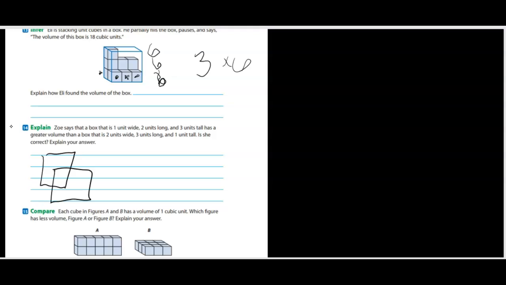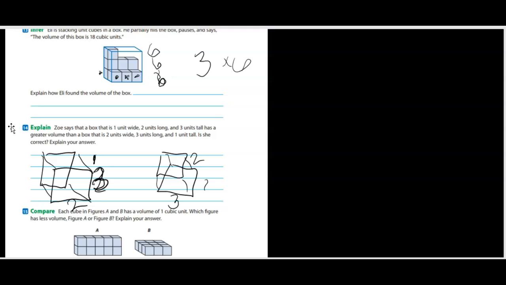So the first one she said is 1 unit wide, 2 units long, and 3 units tall. Or the other box that she had, she said it was 2 units wide, 1 unit tall, and 3 units long.